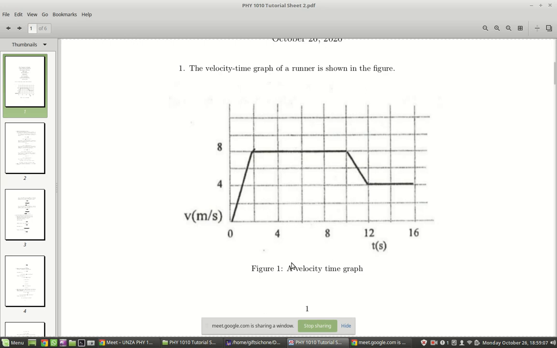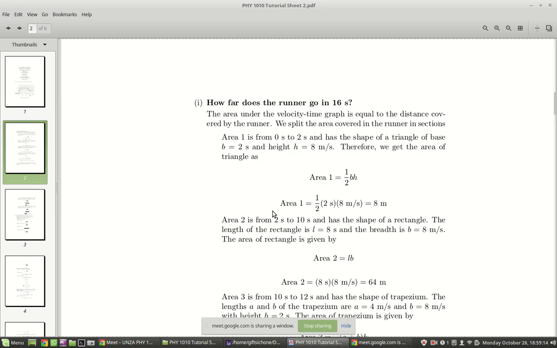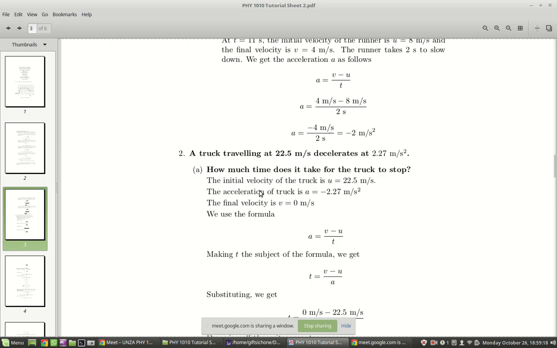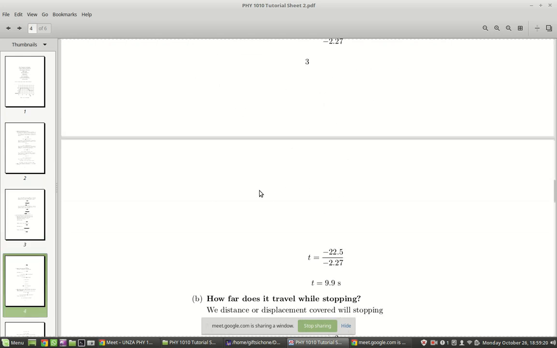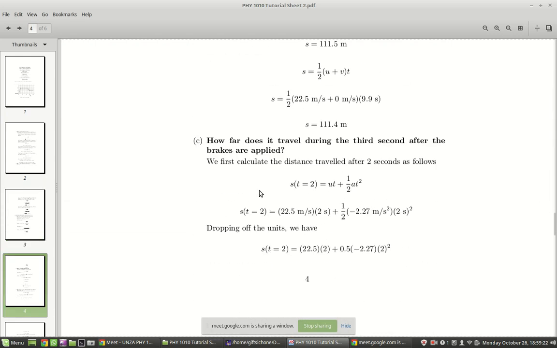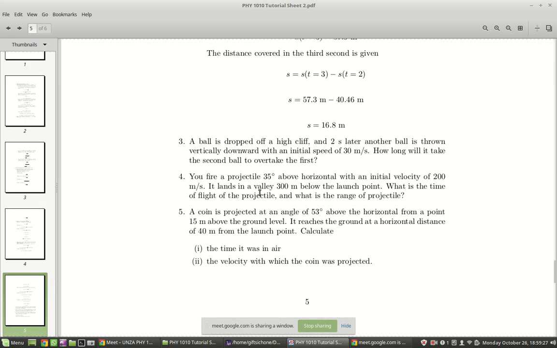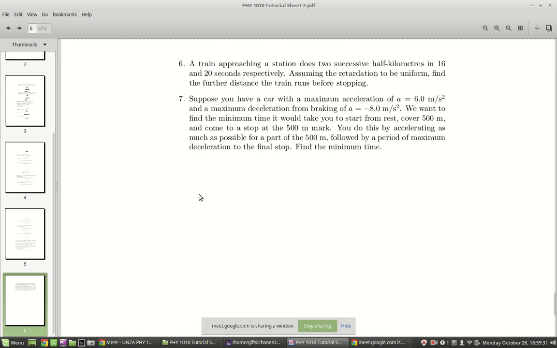No. All right, let's end here. Tomorrow, we have done 1 and 2. Slowly, surely we'll get there. I think by the end of the week, we could finish this tutorial sheet. Tomorrow is 3, 4. We can try to push.